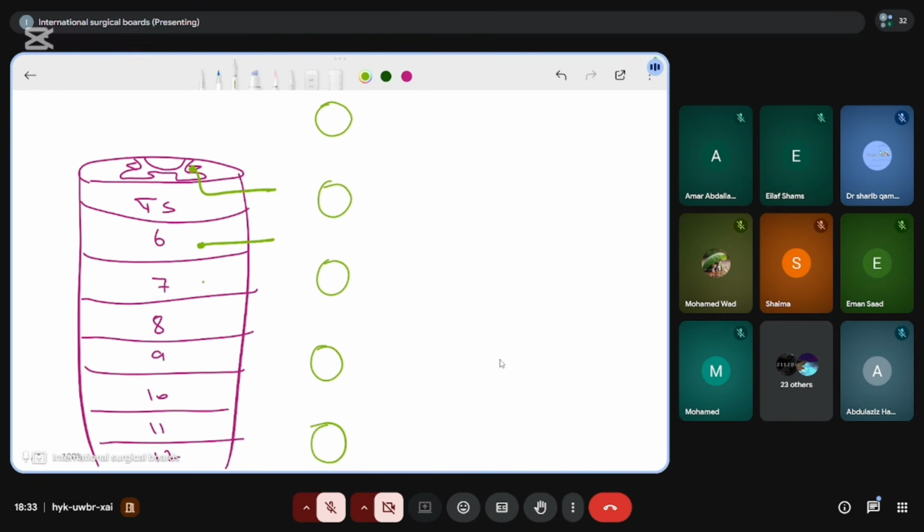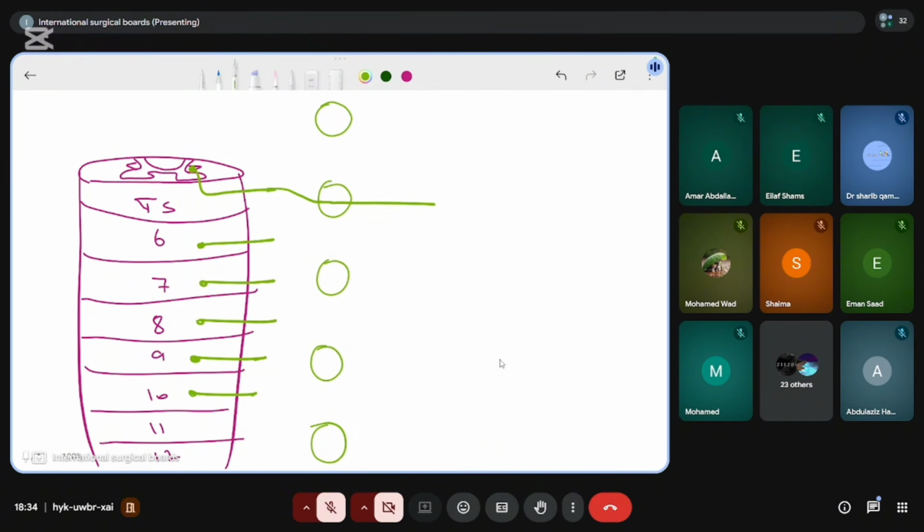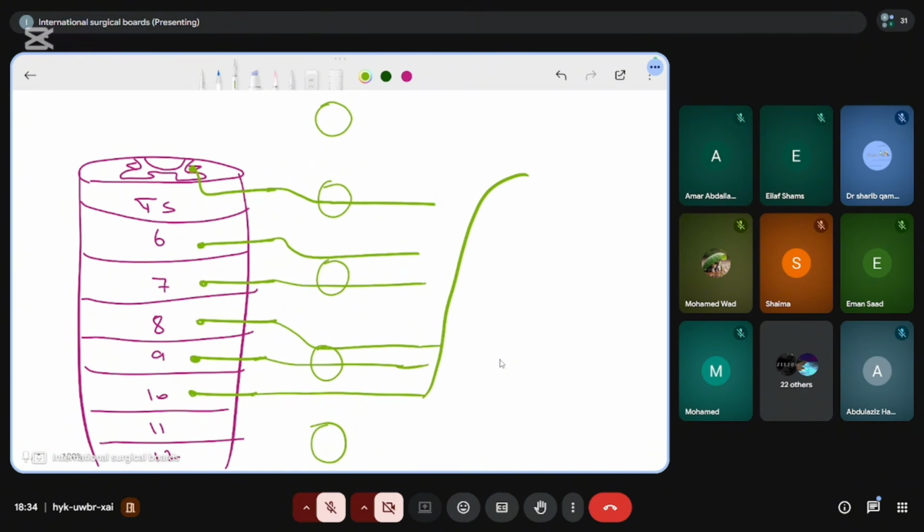So from T5, T6, 7, 8, 9, 10, all of these come together. Before they come together, they enter the ganglia but don't synapse. They just move through the ganglia without synapsing at all, and then they come together in one nerve. What's this big nerve?